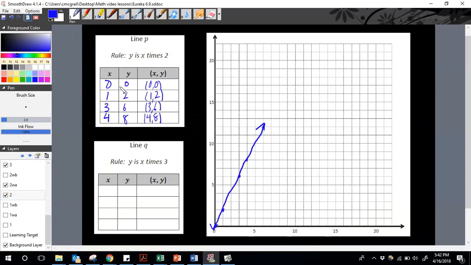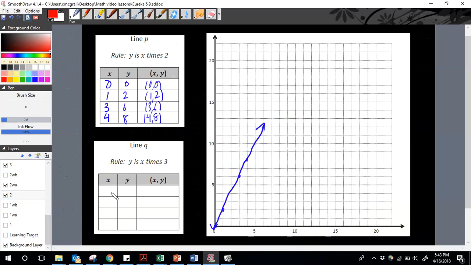Now that we've done that, we actually have our y values, our coordinates, and our graph. So go ahead and make sure that you graph your line. Let's take a look and see how that is affected when we have a slightly different rule. The rule for line Q is y is x times 3. So just like last time, the rule is similar, but the number is changed. It's not x times 2, it's x times 3.